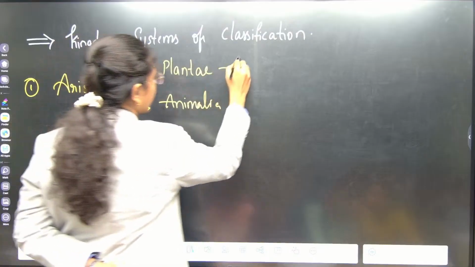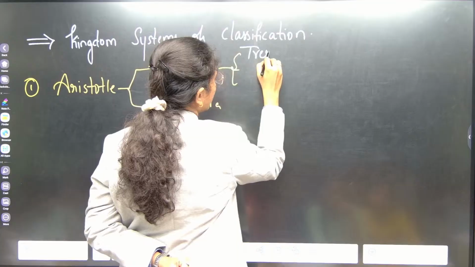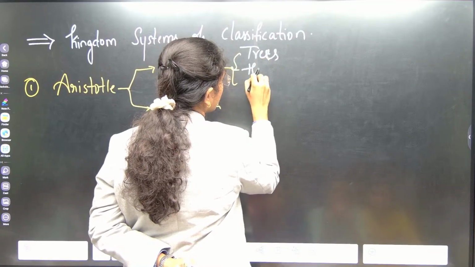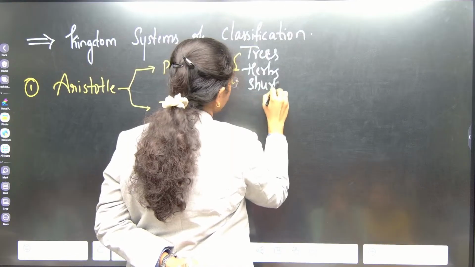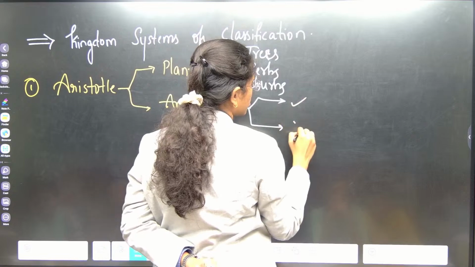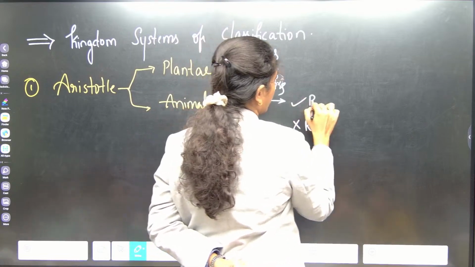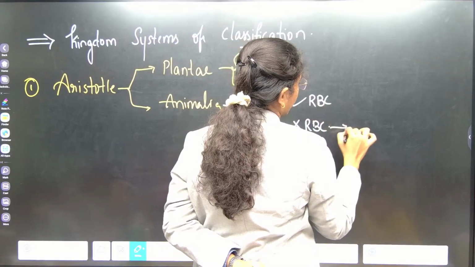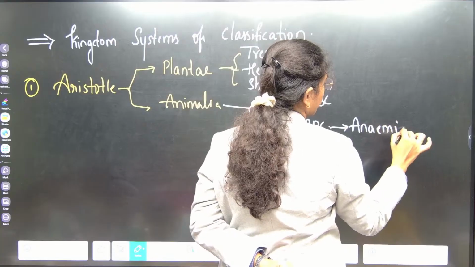Plants, based on their height, are classified into trees, herbs, shrubs. Animals, based on the presence or absence of RBC: Anemia, anemia.